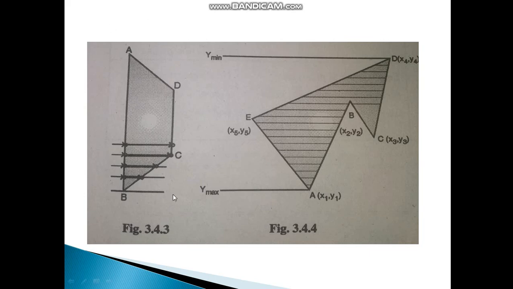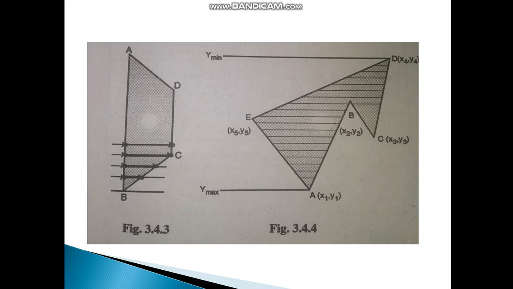Here is the first scanline, then second, third, fourth, fifth, up to where we draw the scanline up to point A. We have to find the intersection points of the scanlines, suppose x1, y1, x2, y2, and we have to find this intersection point with every edge of the polygon.